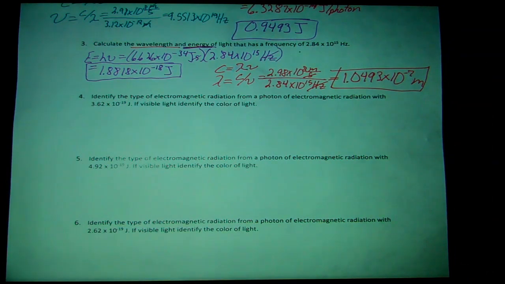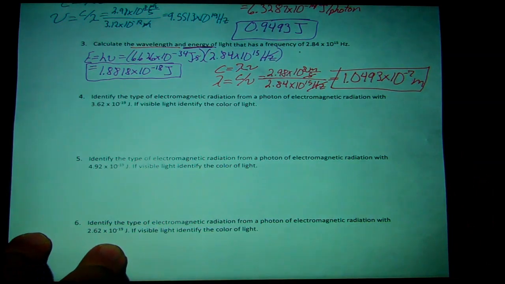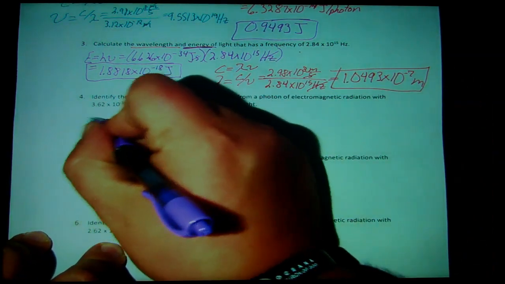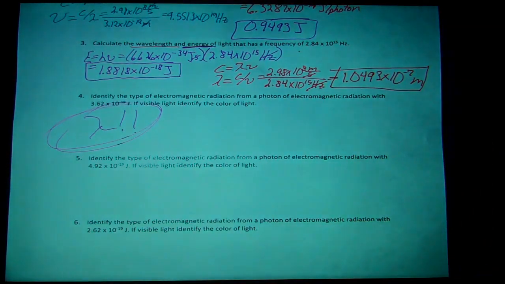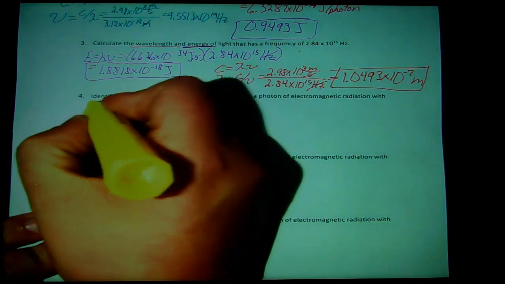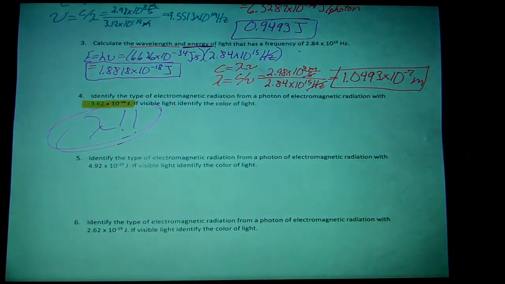Anytime I'm trying to identify the type of electromagnetic radiation, I'm always looking for wavelength. That's the key. In this case, I'm starting with energy. This is my way of doing it.